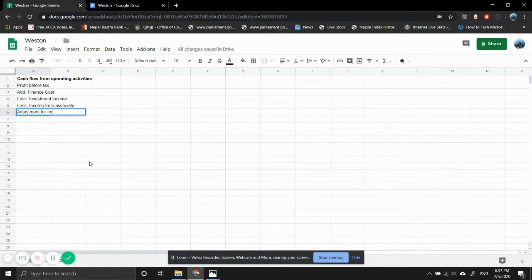Then adjustment for non-cash items. Hold it. First thing, depreciation. Add depreciation.